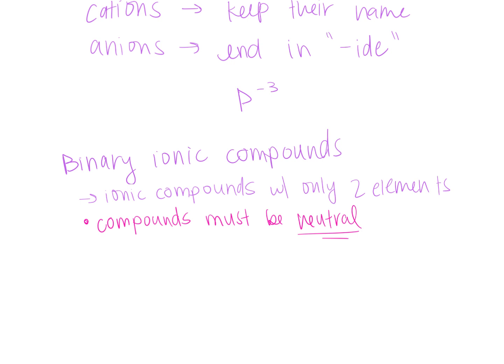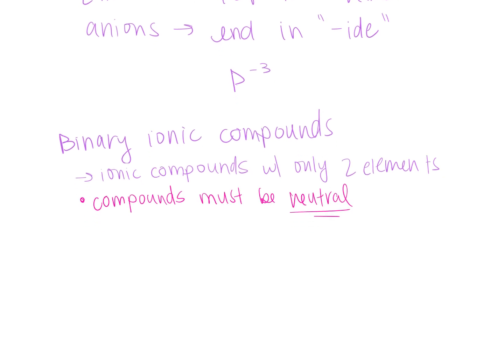Okay, so let's start with a simple one here. Let's say that we want to build a formula between magnesium and bromide. We want to build a compound that has magnesium and bromide. So the very first thing we do is we come to our periodic table of ions and we find out what is the charge of each of those atoms.